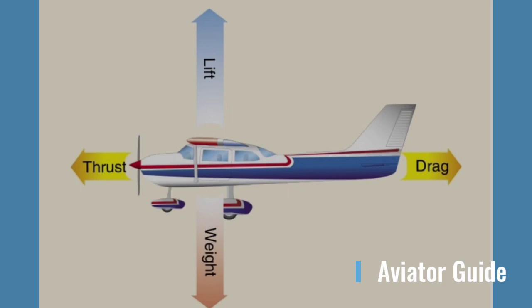Although basically true, this statement can be misleading. It should be understood that in straight, level, unaccelerated flight, it is true that the opposing lift or weight forces are equal. They are also greater than the opposing forces of thrust or drag that are equal only to each other.